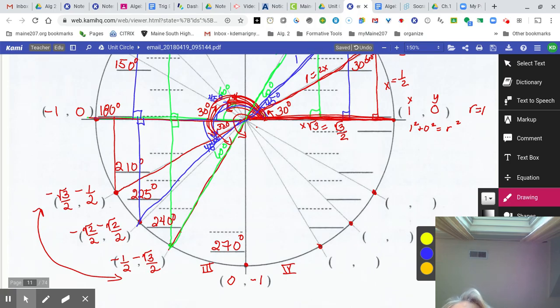The coordinate, we already know, is 0, -1. My radius, remember, is still the same, so my R value for each one of these is 1. If you know what the coordinates are and you wanted to find all of the 6 trigonometric ratios, you certainly can do that. Here's the X, here's the Y, and the R is always 1 around the unit circle.